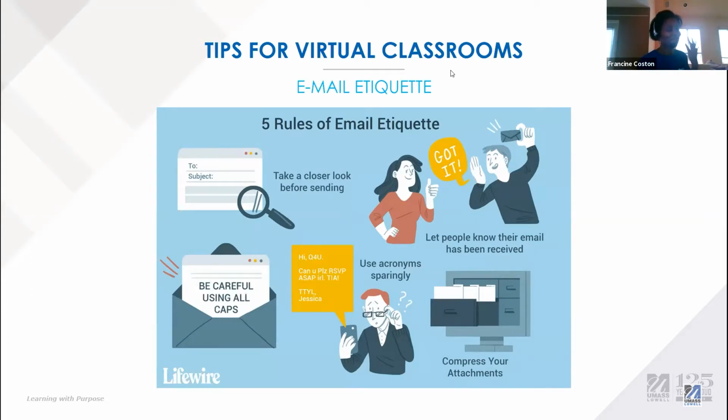And I say that with a smile on my face because at UML, we speak in acronyms all the time. We're always using acronyms for things, but just think about that, especially if you're sending emails to someone outside of UML that may not know what is SIS, what is UML, different things like that.